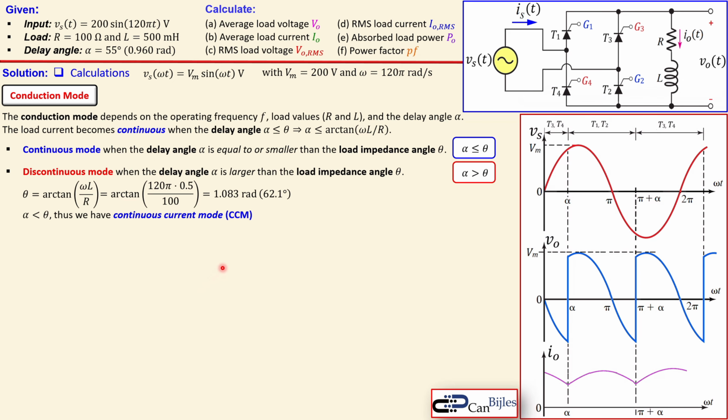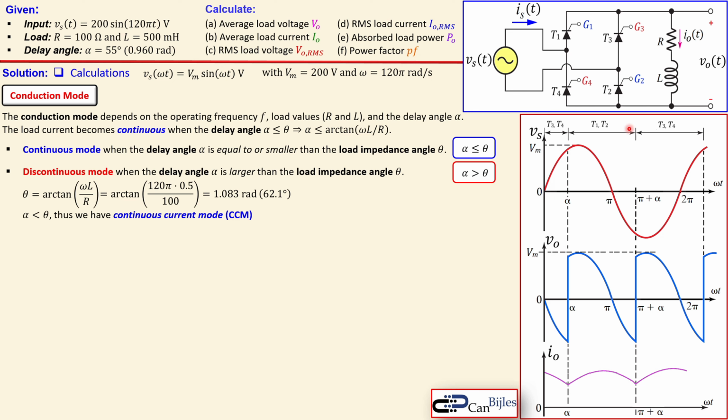Now the plot will be different than the situation where you have the DCM, or discontinuous current mode. The input voltage will still be the same, the red curve. The blue output voltage is quite different from the situation with the DCM. You see it follows the input, but it is flipped for the part where T3 and T4 are active.